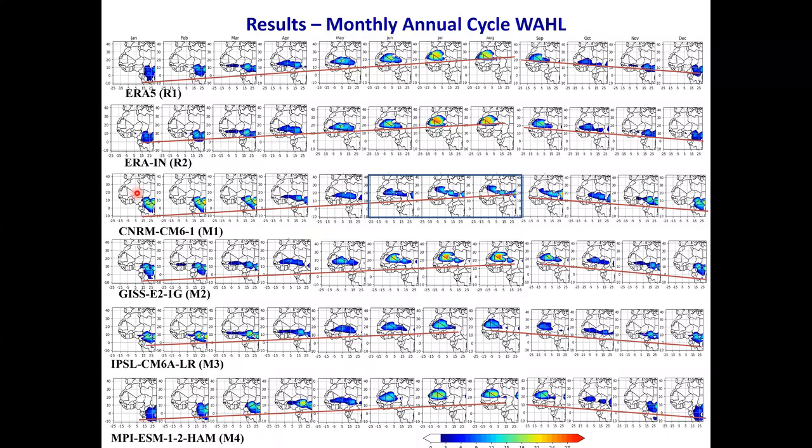And then as it moves north, the intensity increases, and then it moves back to the southmost position in December, and the intensity also decreases. So we can clearly see this in the two analysis datasets.